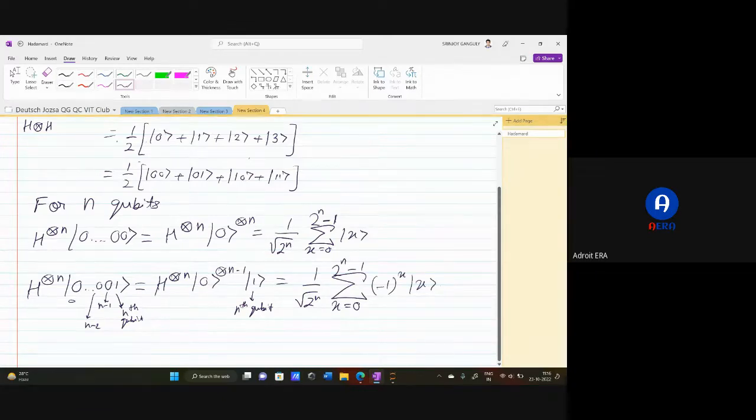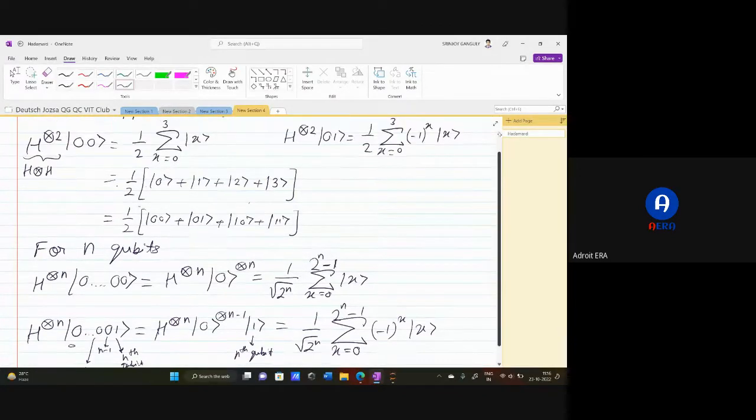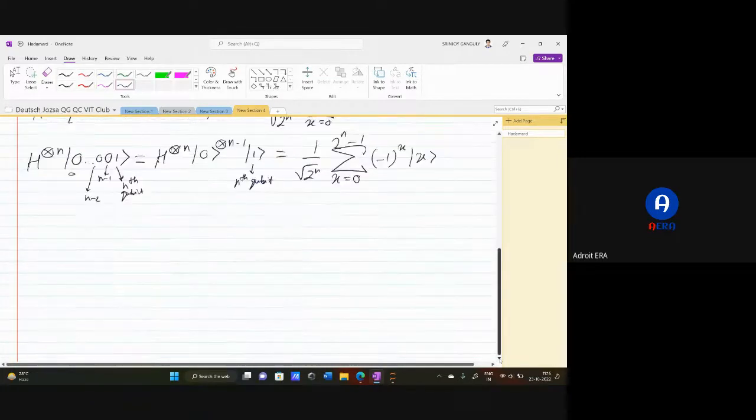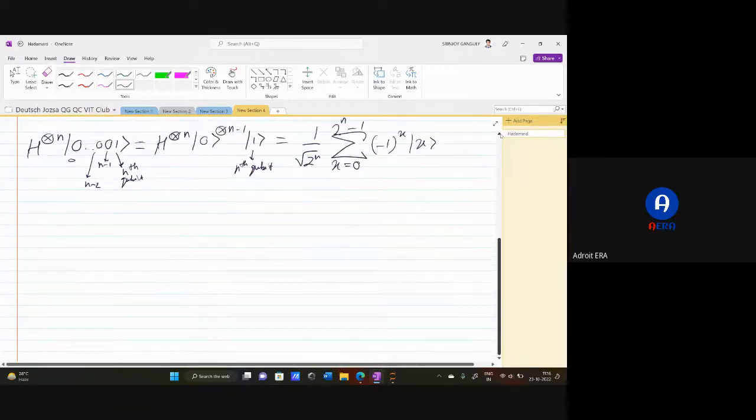Is this correct? So this is the same as we have seen in this expression. Remember this expression, which we saw just now, and in a similar way we have now seen this expression.